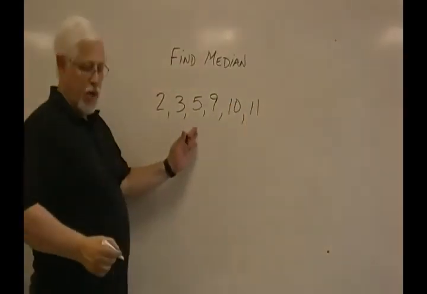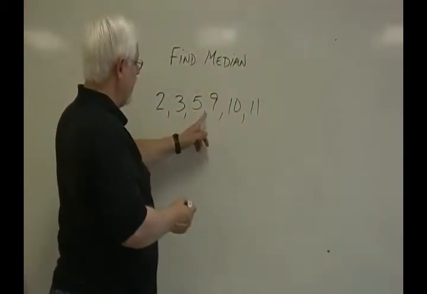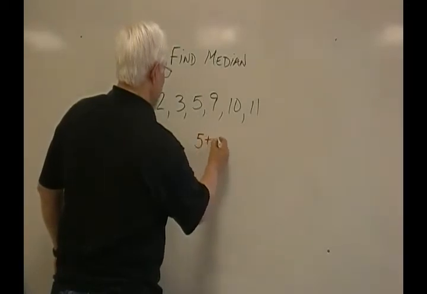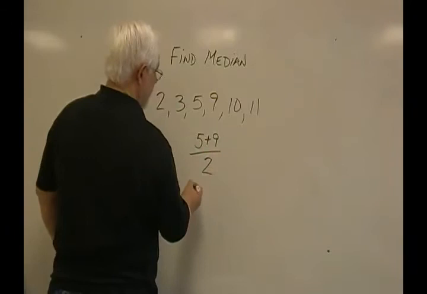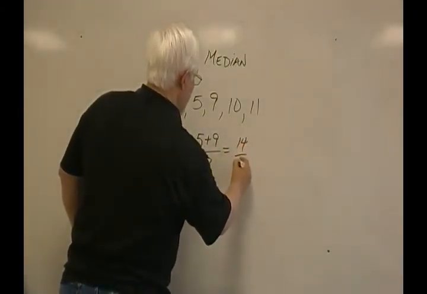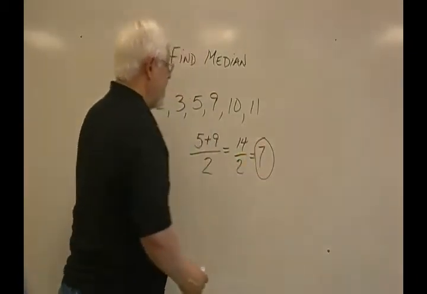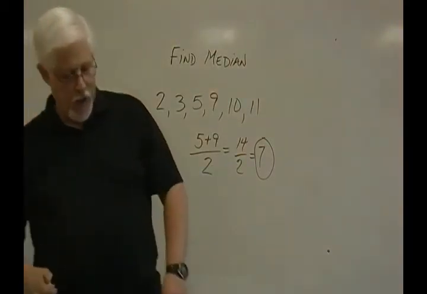Looks confusing, but it's really not. What we want to do is add the 2 middle values, 5 plus 9, and divide by 2. That would be 14 divided by 2, which is 7. So your answer there, find the median, is 7.